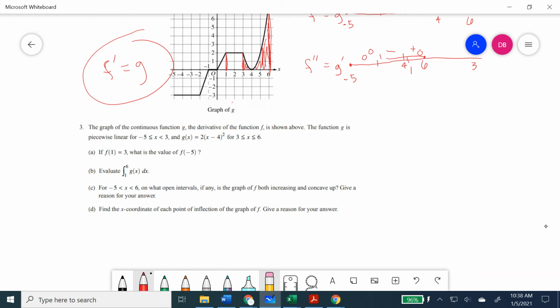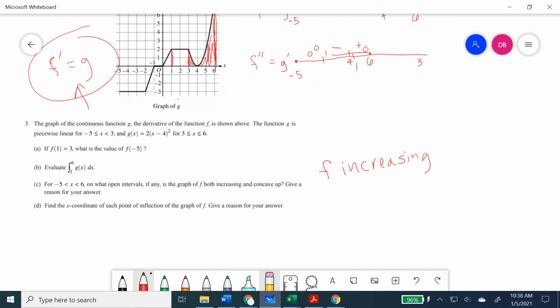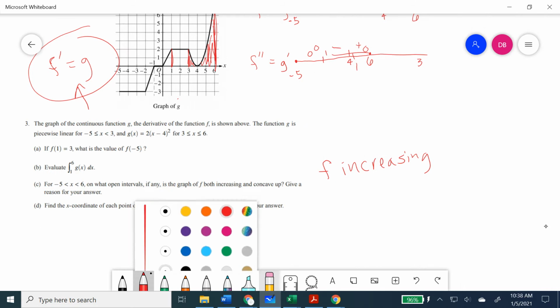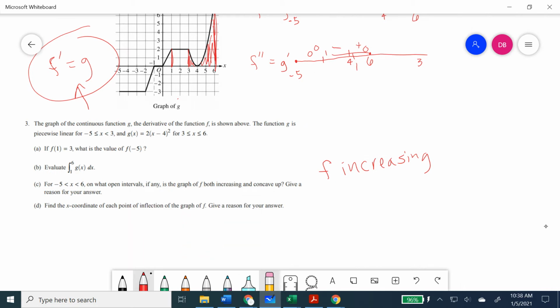So if f is increasing, looking at this relationship right here, f is increasing when its derivative is positive. And when I go to look at the graph, I am looking for when g is positive.